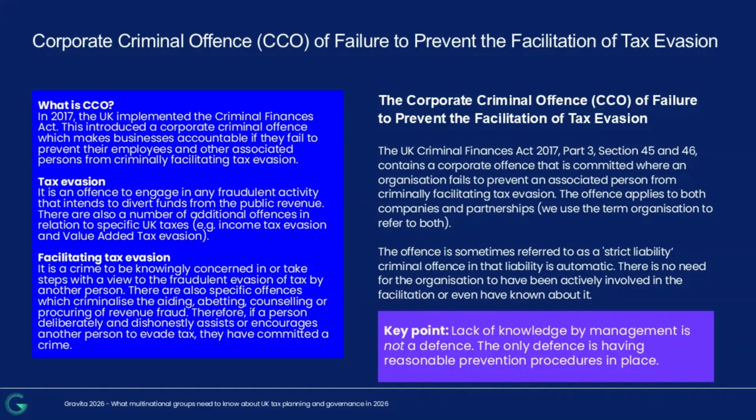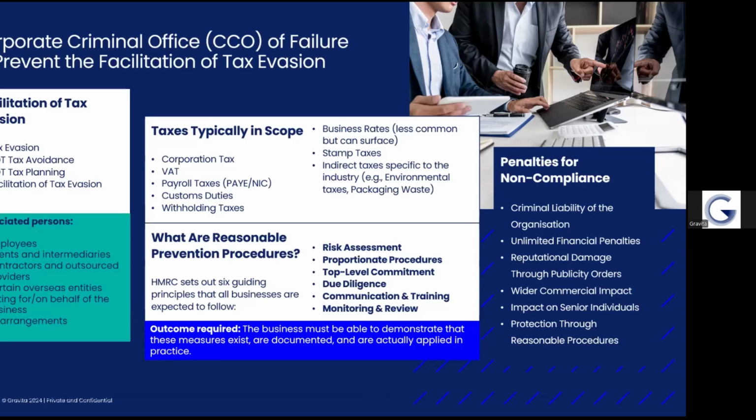Again, similar to the senior accounting officer rules, it really does cover all taxes. And whilst this is a UK law, there are some other countries bringing in similar laws. If overseas taxes are evaded as well, and there is a UK nexus, so if there is a link back to the UK, or if someone related to you within the UK helps evade an overseas tax, then it can still apply.